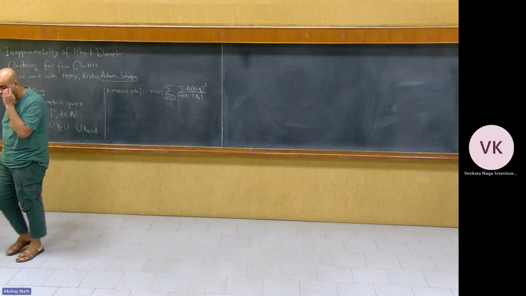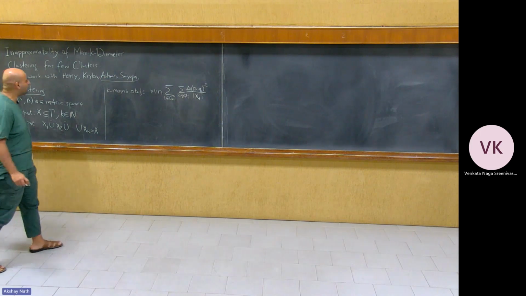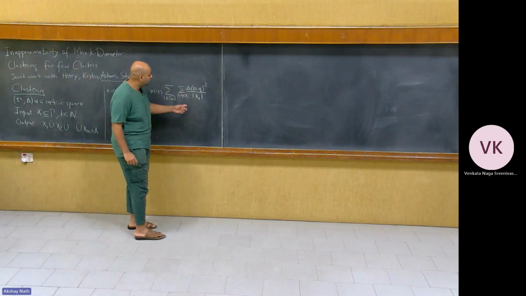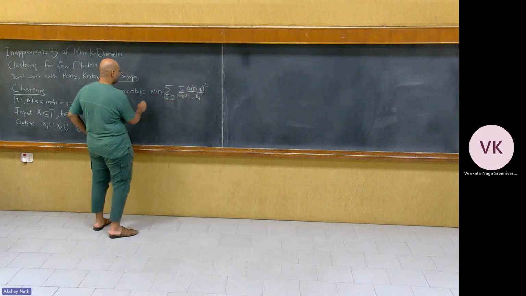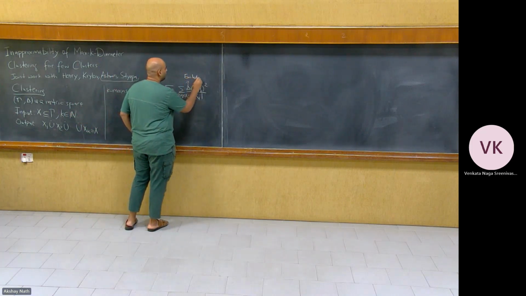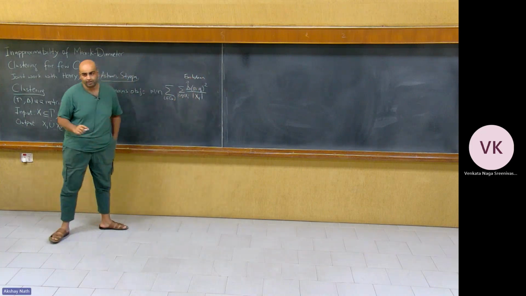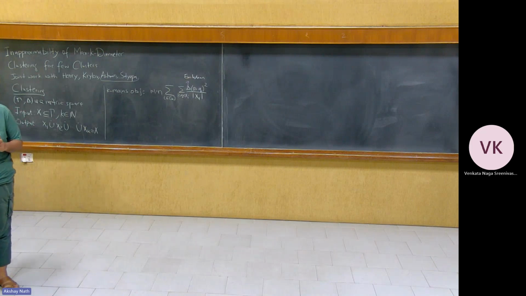You probably would have seen it in the center-based version, where you want to pick a center and minimize the sum of distances squared to the closest center. But in the Euclidean metric, for instance, it would be something of this kind. So this is the Euclidean metric. I can write it in this form by looking at the variance. So what I want is to look at each cluster, look at all pairwise distances, square them, normalize it by the size of the cluster, and sum this over all clusters.